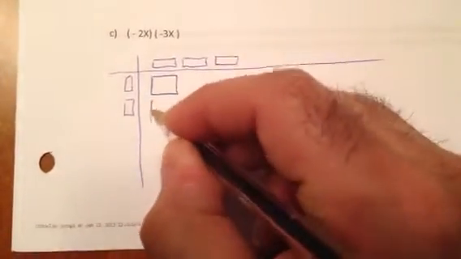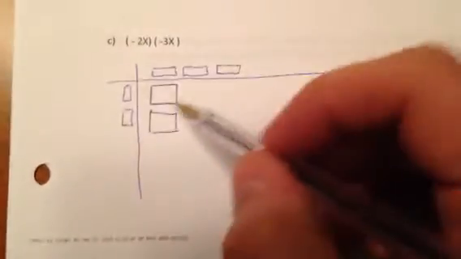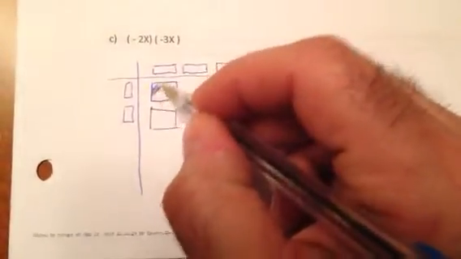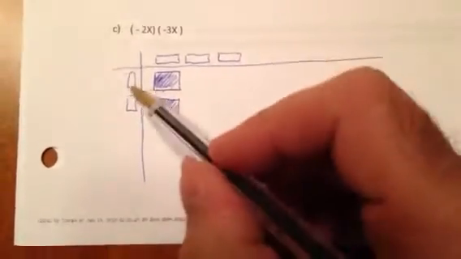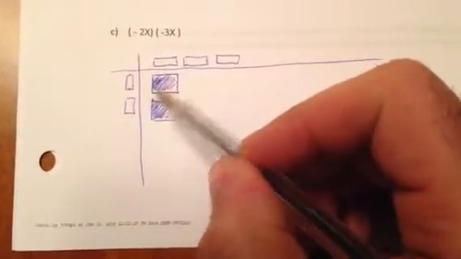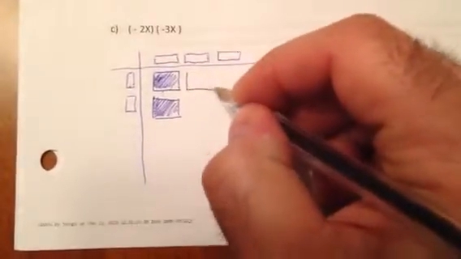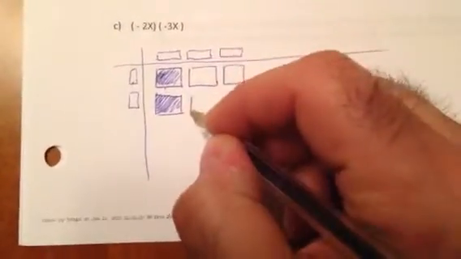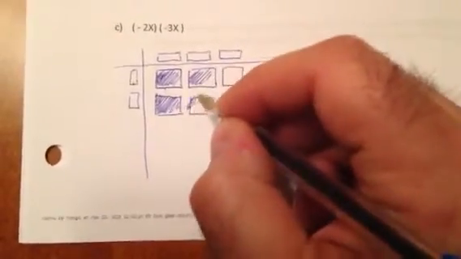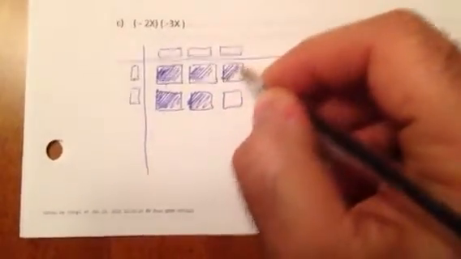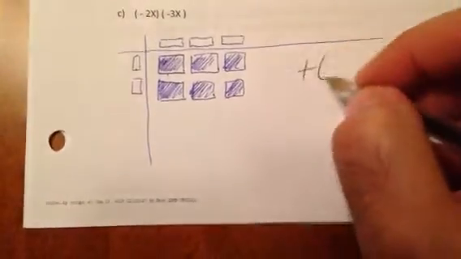These are squares, by the way, and these will not be white. They will be dark, because dark means positive, so a negative and a negative gives you a positive. Same here, and same with every other row and column. So we fill this space with positive 6 x squareds, and that is the answer.